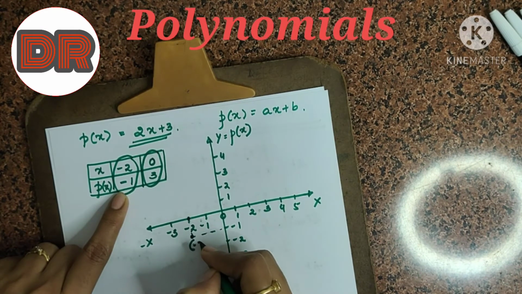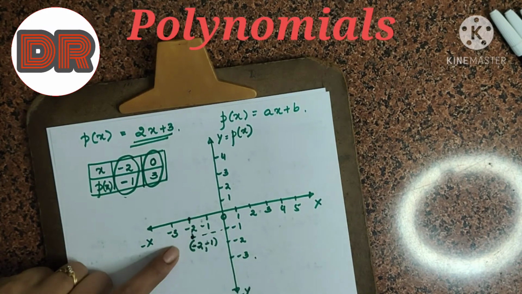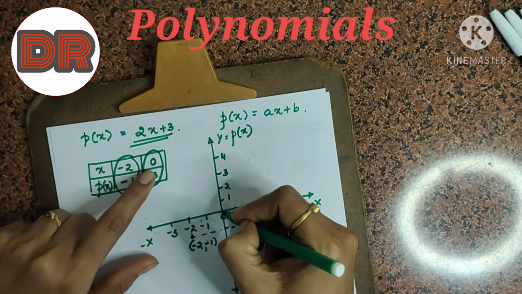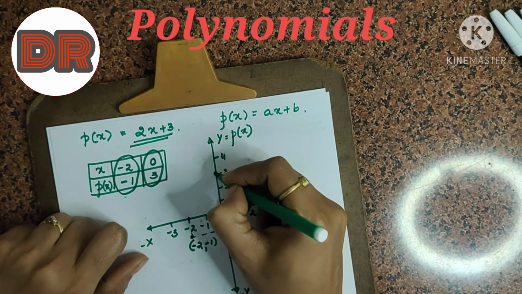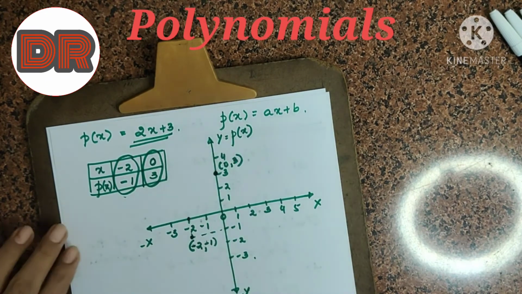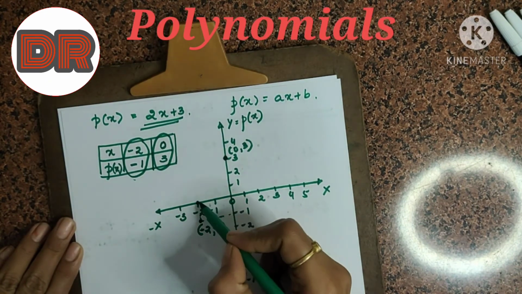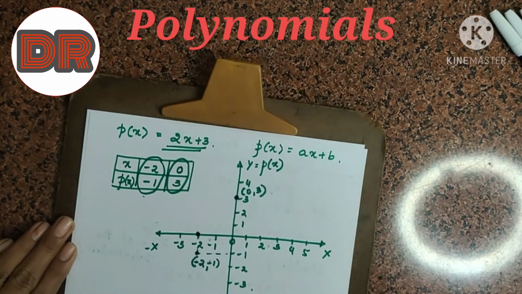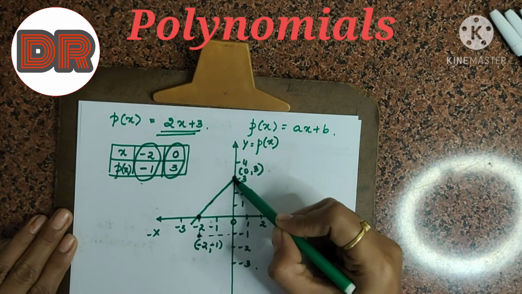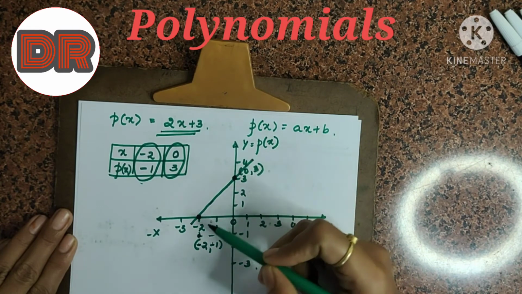I can write (-2, -1) as the coordinate of this point. Similarly, when x is 0, y is 3, that is, the polynomial value is 3, so this is (0, 3). As I said, we need 2 points to plot the graph of this particular line.